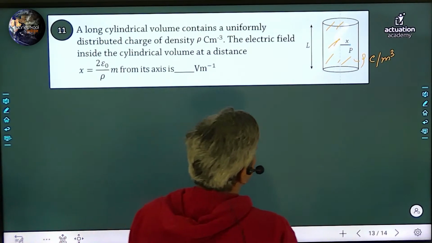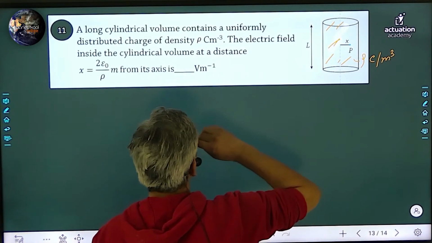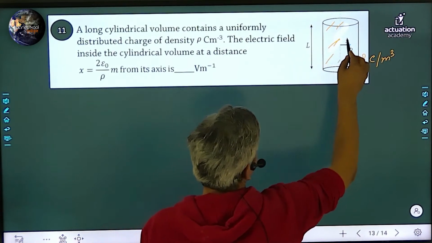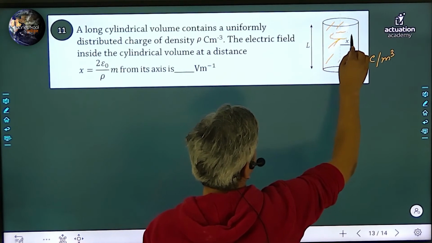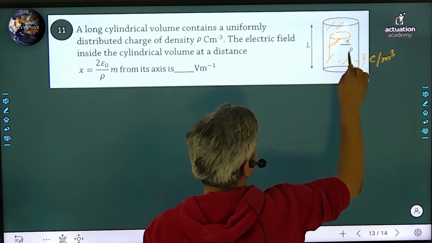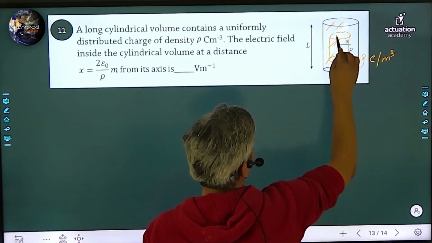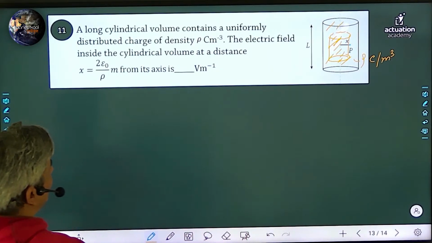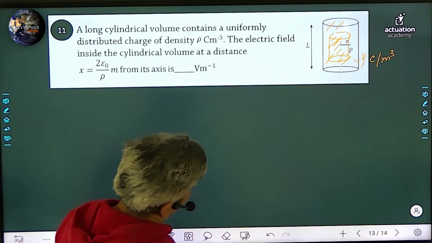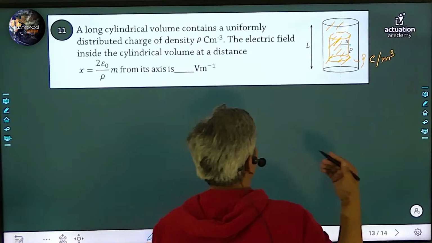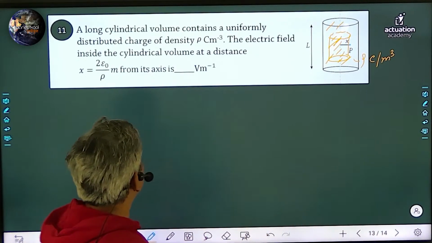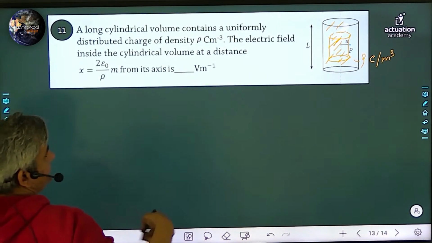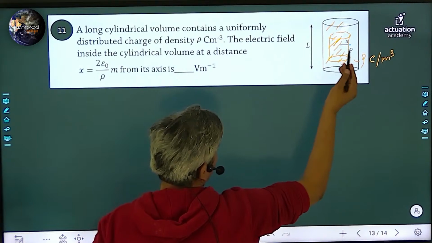Okay, so if we have to find out the field, let's again draw a cylinder. We'll make use of the Gauss law here. We'll draw a cylinder of radius x, and let's say of length L, or H, whatever you want.